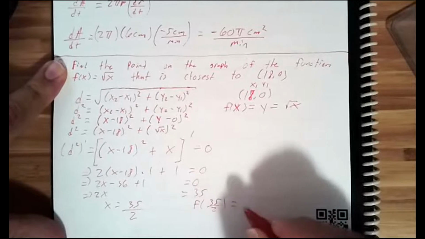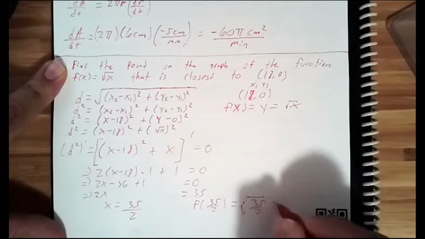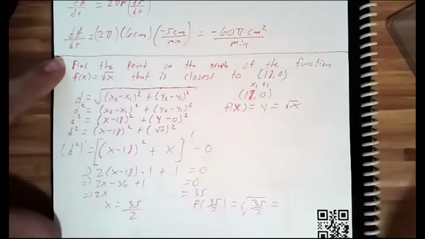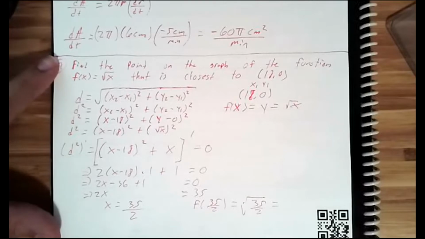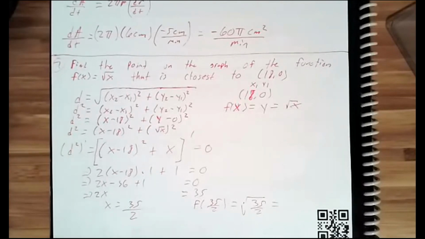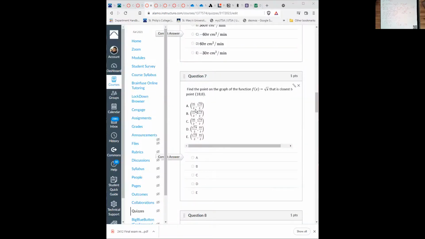It's a weird question. So let's look at our answers. Hopefully we got this correct. Let's see. So 35 over 2. So it has to be A, B, or C. I have square root 35 over 2.